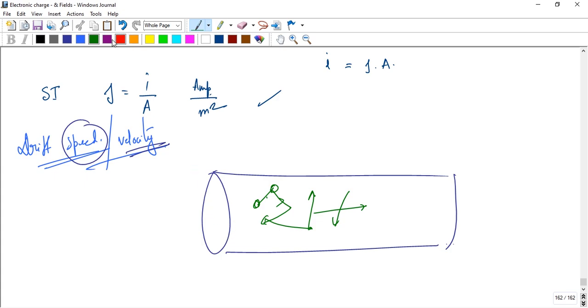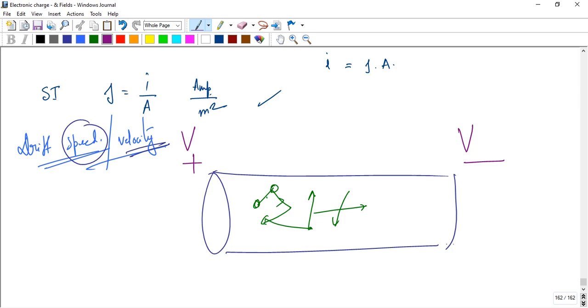Now if we apply a potential, suppose plus is the higher potential and minus is the lower potential, the free charges get an orientation. They still move randomly, but not haphazardly; there is a drift. After applying the potential there is a drift; before that there is no drift.